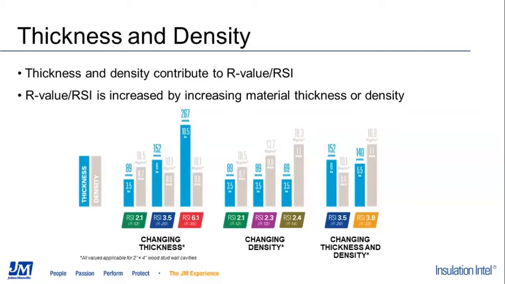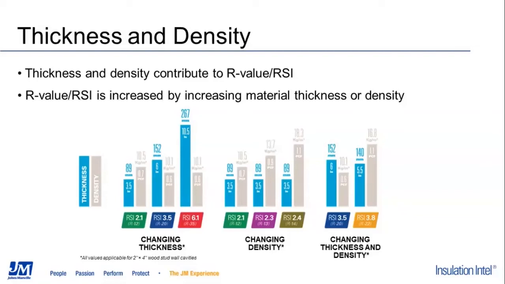And then moving to the center group of charts, you can see that the blue bars for thickness are held constant at 3.5 inches, but the density is changing to provide different R values. So here we show R12, R13, and R14. And to get those different R values in this specific 2x4 construction type, we have to change the density of the product. So in the final example on the left, we have an example of how changing thickness and changing density will change the R value.